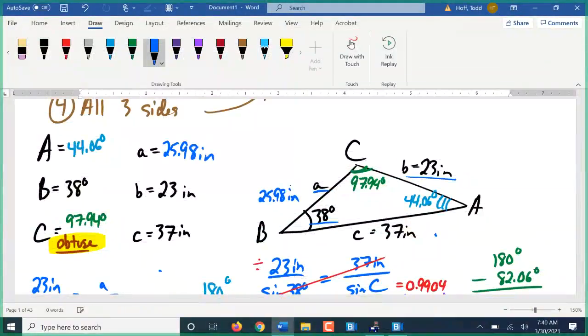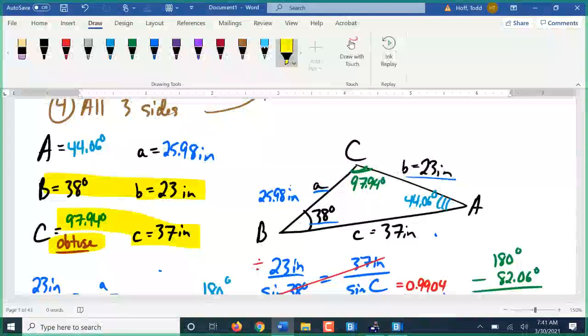Now, if you recall, there are two things we should check. First is to make sure longest side is opposite the largest angle, shortest side is opposite the shortest angle. Well, 37 is the longest side, 97.94 is definitely the largest angle. 23 is the shortest side, 38 is definitely the smallest angle. So that's the first check we should perform, is to make sure that matches up.